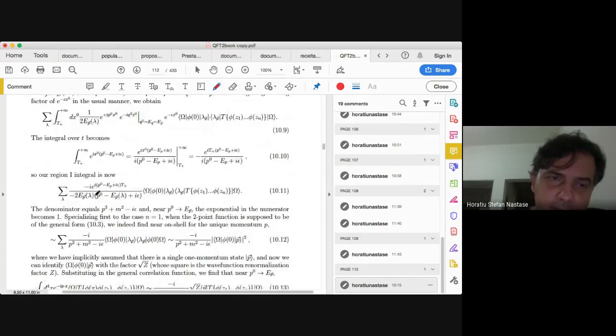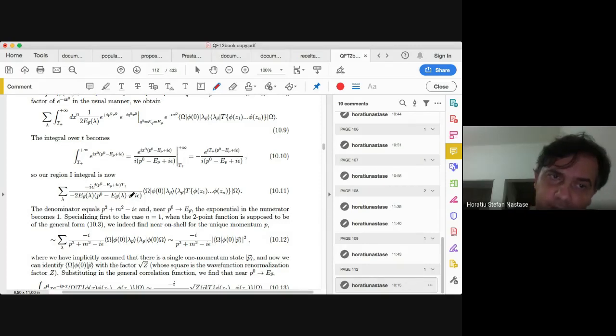But what's the denominator? Remember, we're looking near the pole. So we're looking near p0 going to E_p. So p squared plus m squared going to 0 means p0 going to E_p, right? E_p is the square root of p vector squared plus m squared.